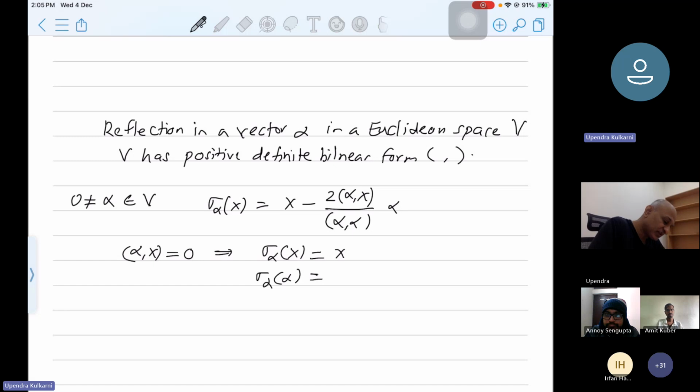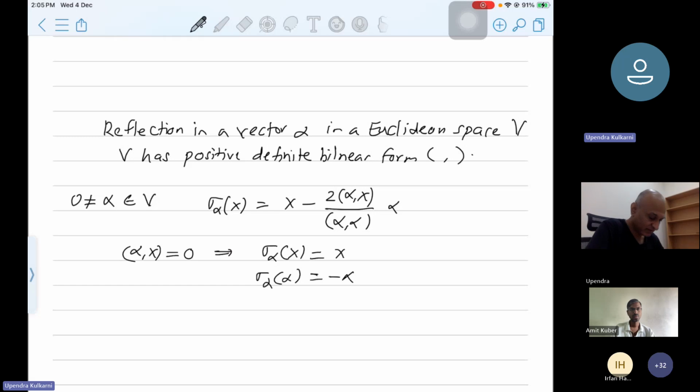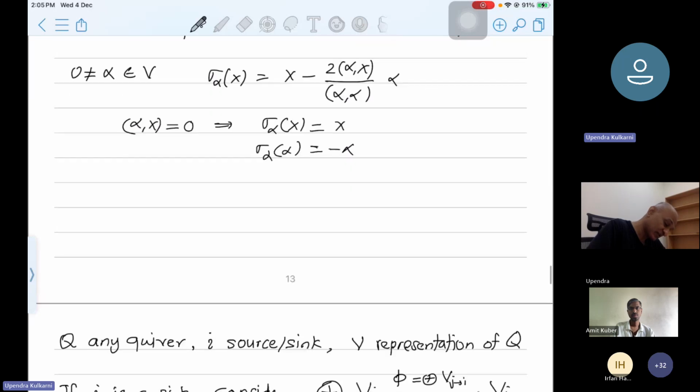Then you see this 2 over here works very nicely. This is alpha, and then alpha with alpha and the denominator, they just die. And so I get alpha minus 2 alpha, which is minus alpha, which is exactly what I expect a reflection to behave like, right? Okay, so please keep this formula in mind. It's going to be useful for us and also in your other course.